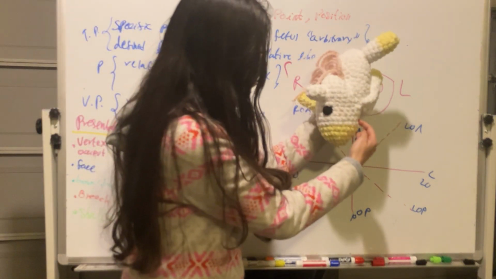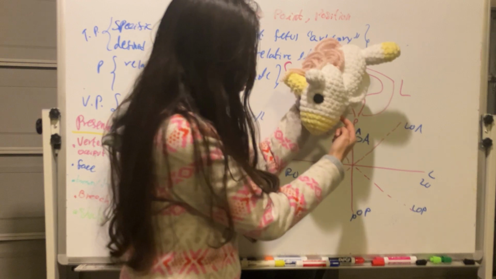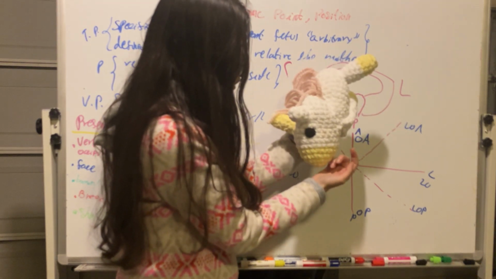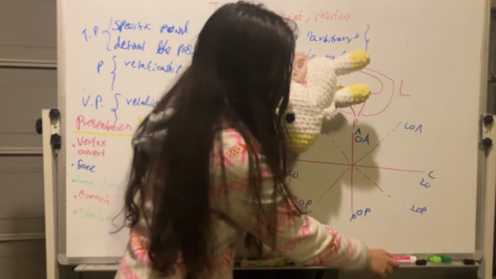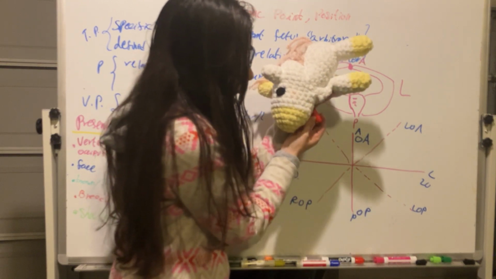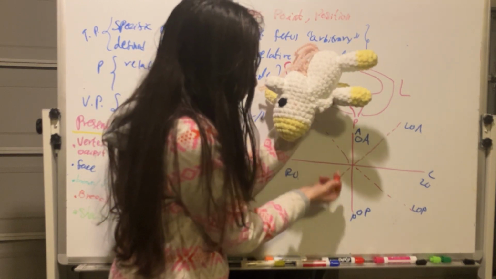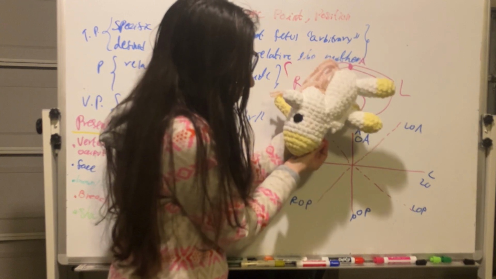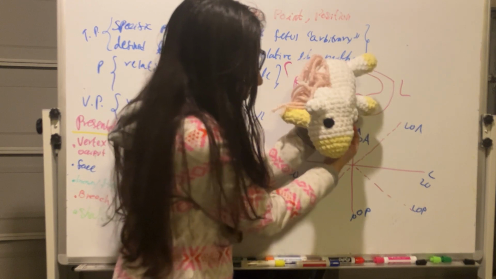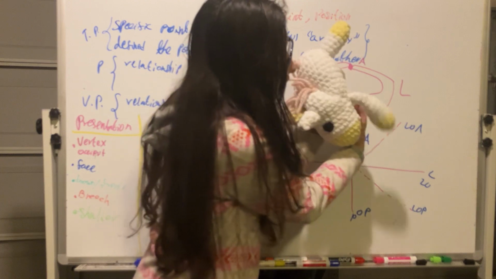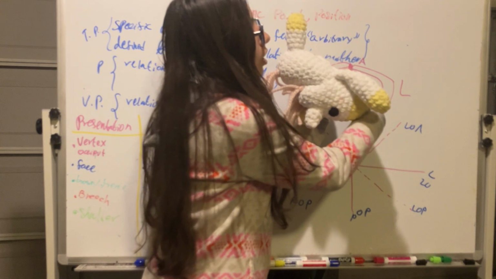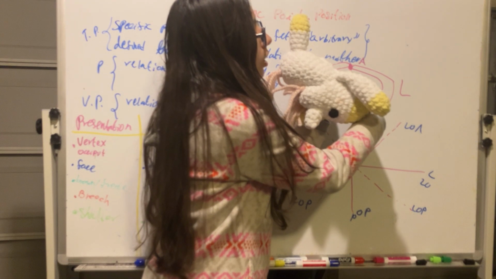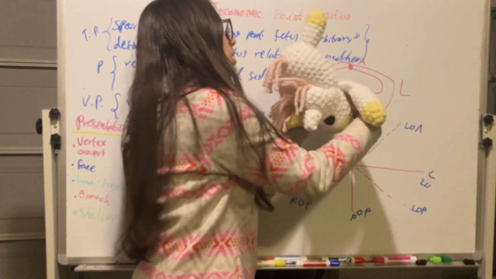This is more difficult to do. This is mentum posterior, left mentum posterior, left mentum, left mentum anterior. Oh, this is difficult to say.